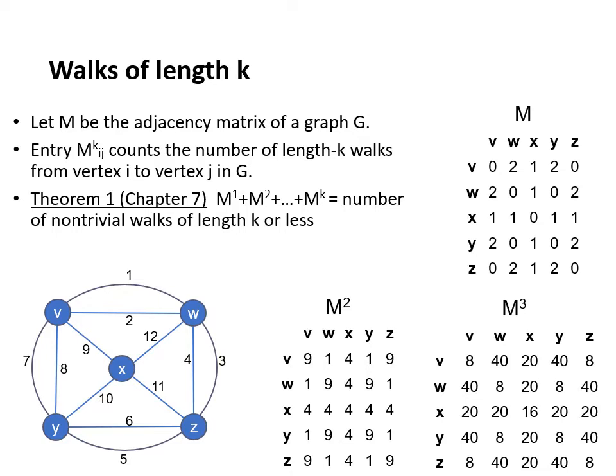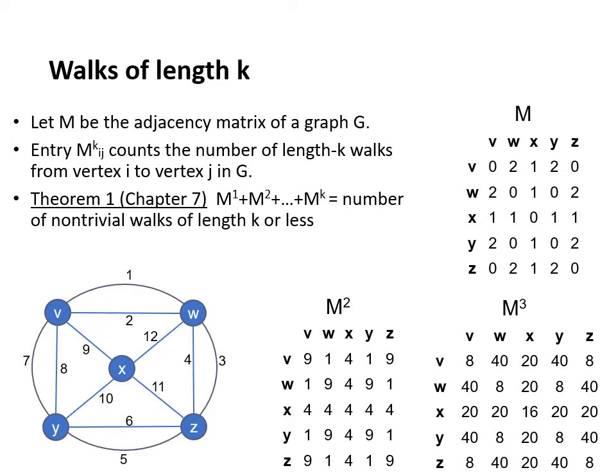So that allows us to compute walks easily by just doing matrix multiplication. Theorem 1 from chapter 7 also tells us that M1 plus M2 plus up to Mk is equal to the number of non-trivial walks of length k or less.